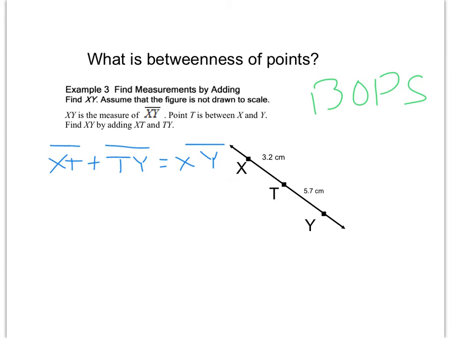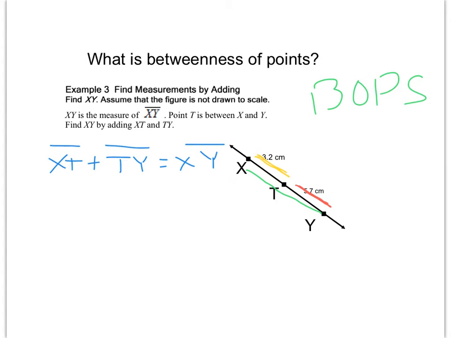So what we're saying here is betweenness of points: XT, this yellow, plus this red, TY, is going to equal the total length, we'll do this in green, XY. So if T is between X and Y, then XT plus TY is equal to XY.